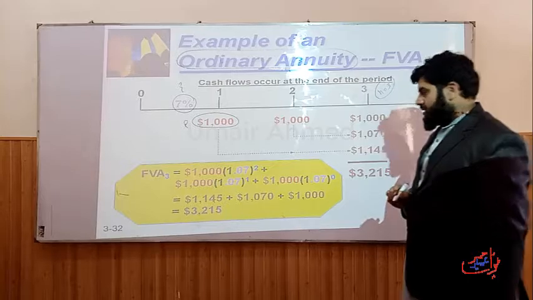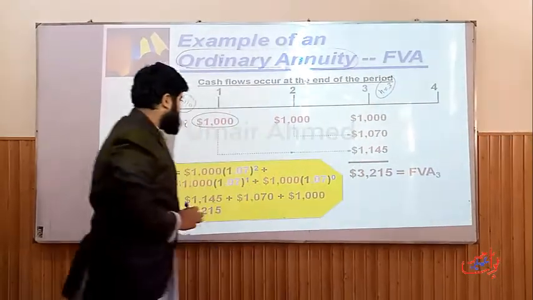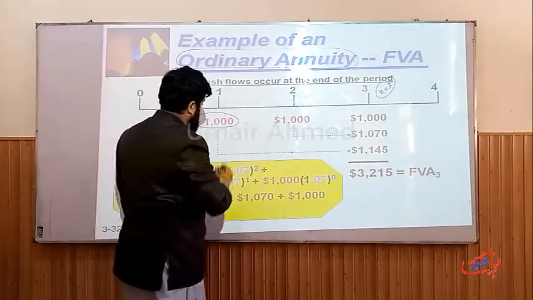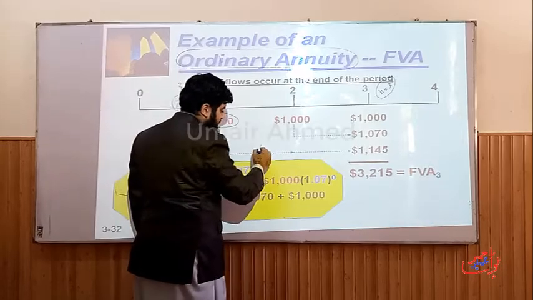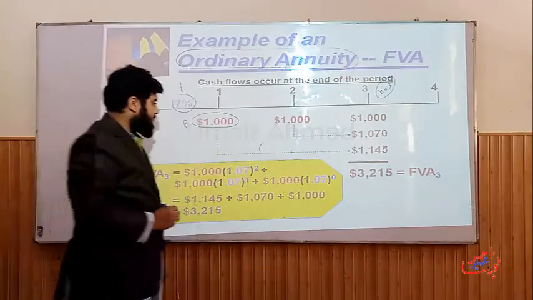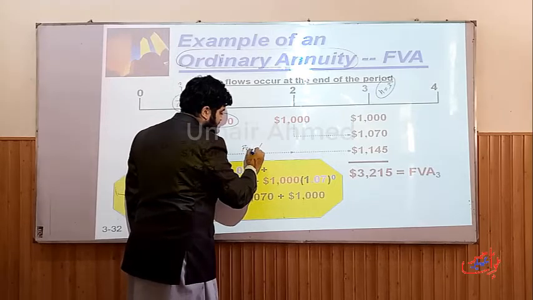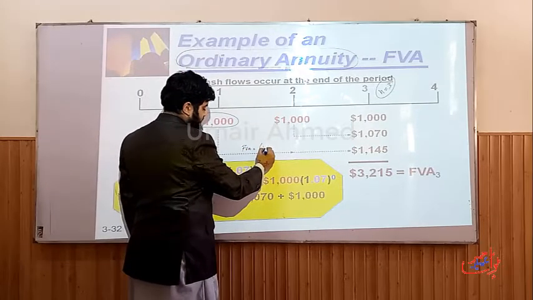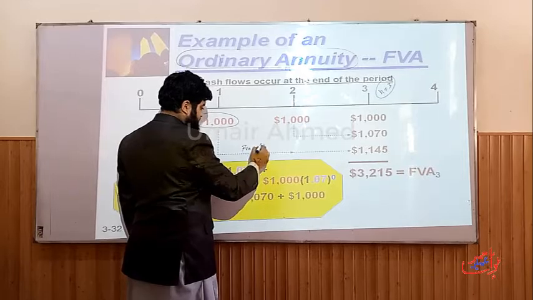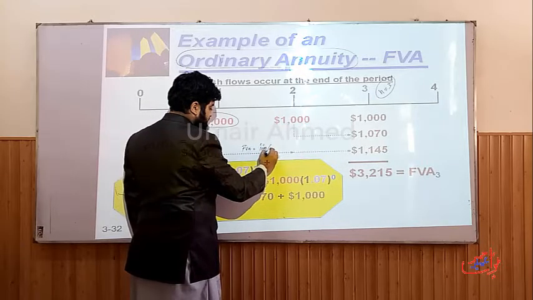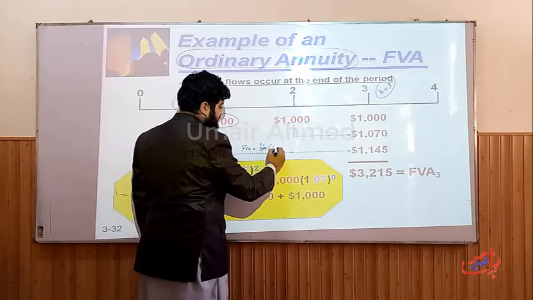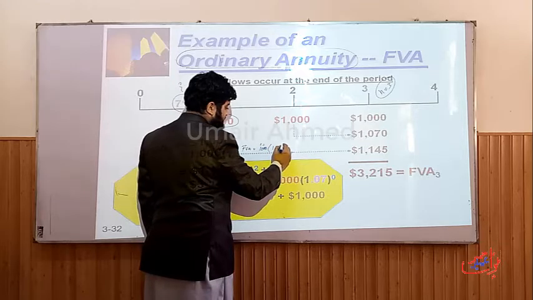So how to calculate it? It's very simple. I am going to write down the formula here. Future value annuity is equal to 1,000 multiplied by 1.07.